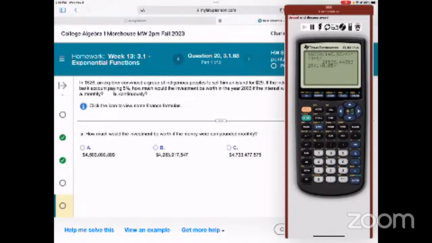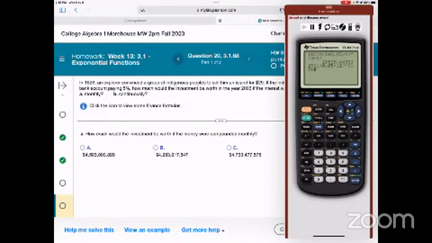If it's compounded monthly, then that means our N is 12, to the power of N, which is 12 times the number of years.